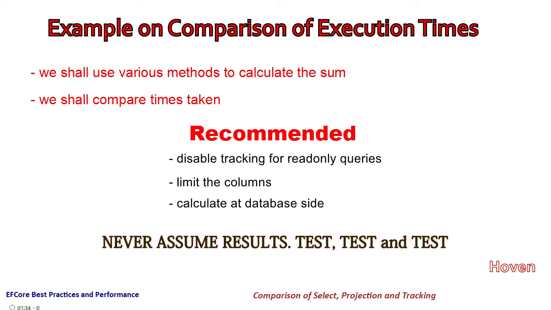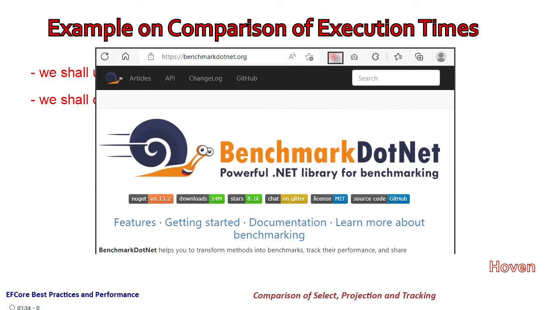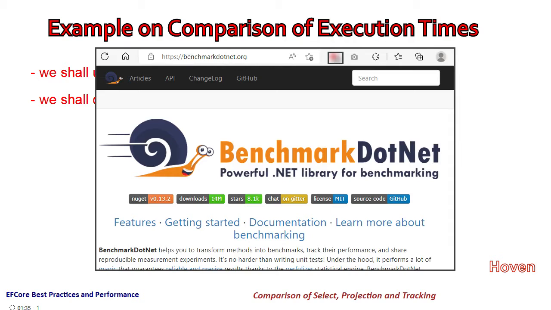Before I take up my exercises, it is important to know that I shall use various methods for running a small query just once. But this is not the correct way of determining the performance of a query. A more sophisticated library such as benchmark.net is a better option for measuring performance because it can provide statistical indicators such as mean, standard deviation, median, etc. I am only demonstrating the various possibilities of running a simple sum calculation.